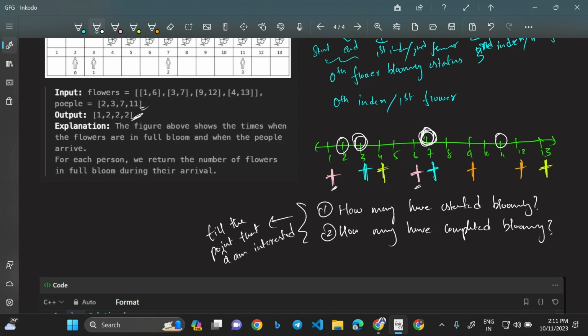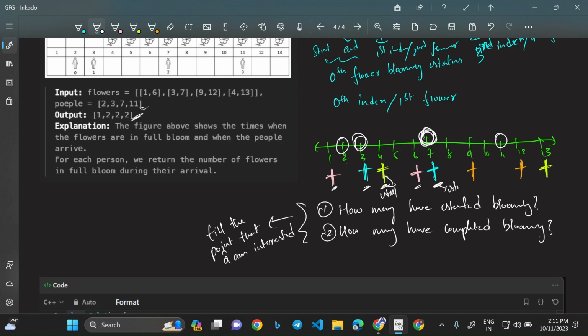And I checked blue has appeared once again. Yes, but it's on t equal to 7 itself, so it's still blooming. And yellow has appeared for the very first time before 7, but it hasn't appeared once again, so it's still blooming.